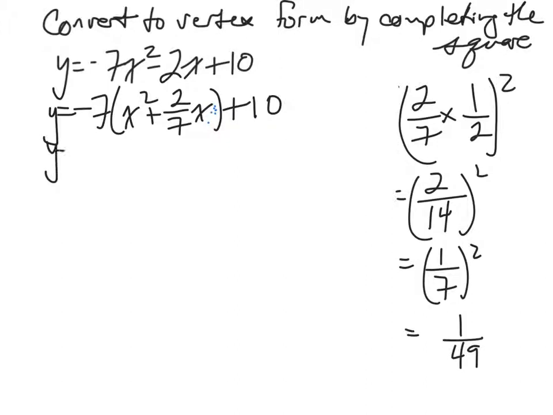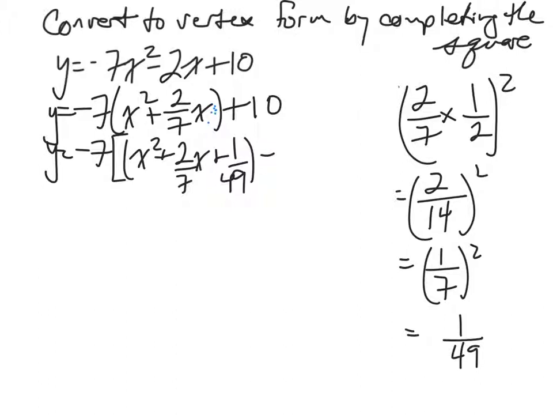Y equals negative 7, square bracket, round bracket, x squared plus 2 over 7 x plus 1 over 49, close round bracket, minus 1 over 49, and there's our zero pair, plus 10.